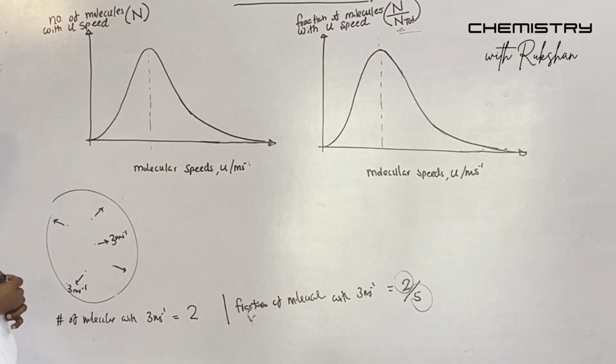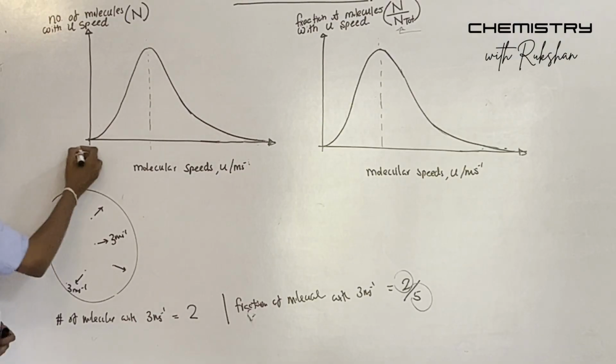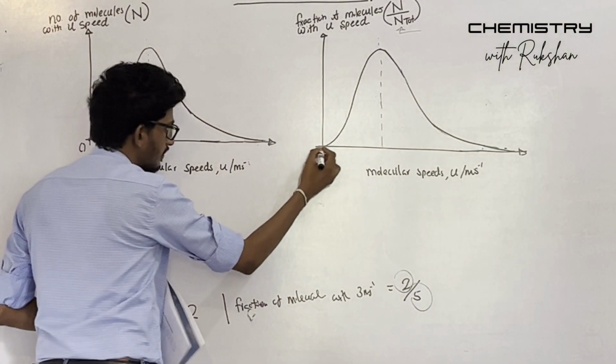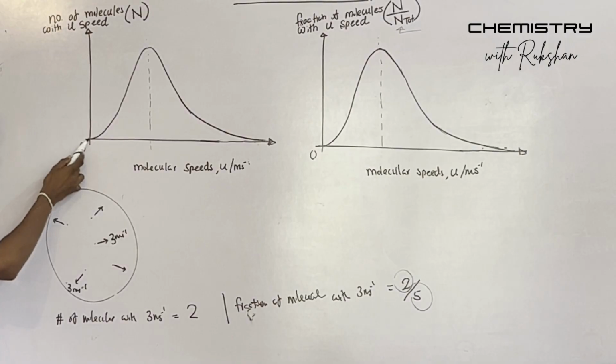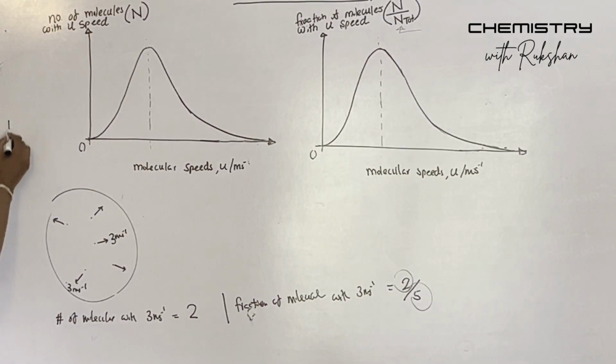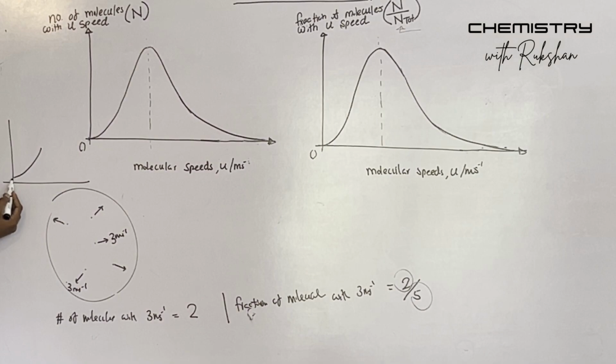Okay, let's discuss more about these things. The first thing to say is that this curve should start from y0. When drawing this curve, this is important: if you start it otherwise, it is wrong.